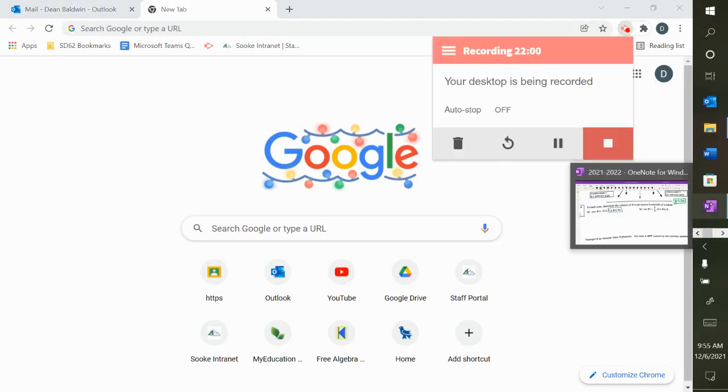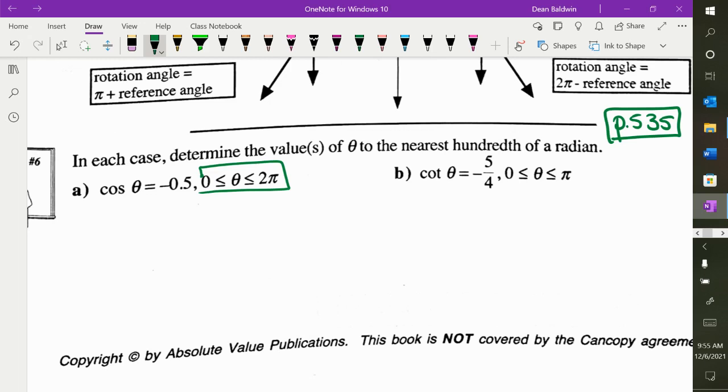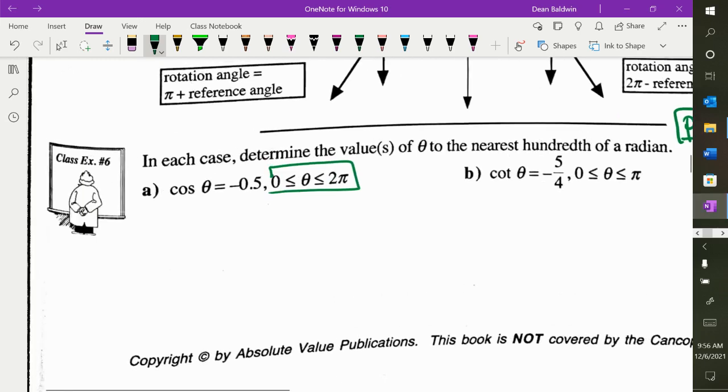All right. So if your domain is in radians, your answer has to be in radians. But that doesn't mean you have to do the whole question in radians. If you want to do it all in radians, be my guest. I recommend that you do it all in degrees, convert to radians at the end. So, for example, cos theta is equal to negative 0.5. This is one of the ones we did right at the beginning. Where is cosine negative? 2 and 3.